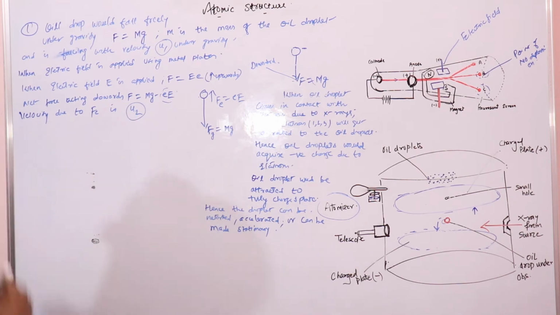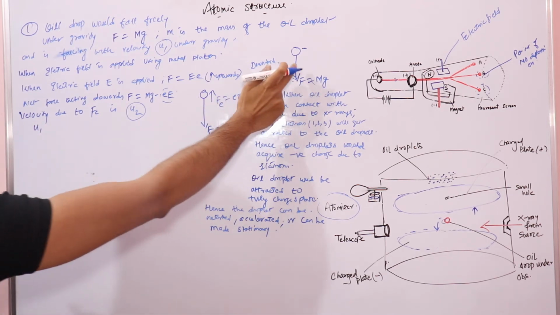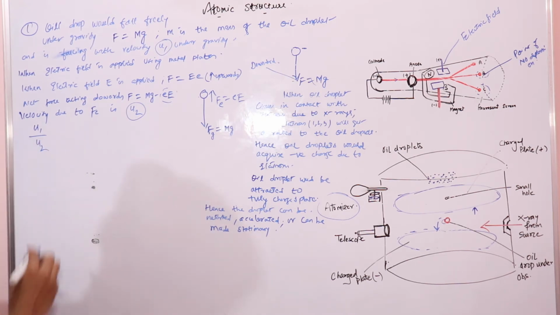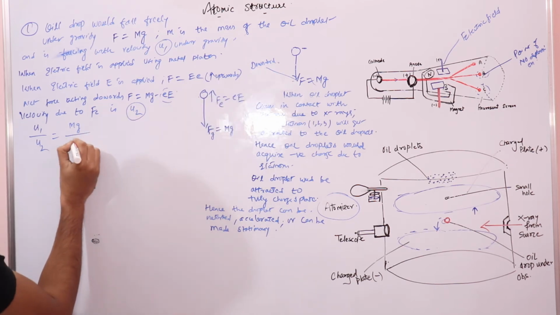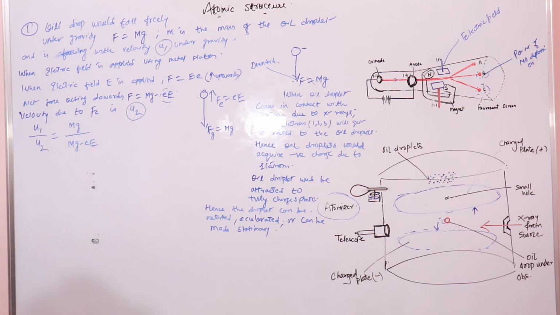So we can write it like this: u1 upon u2, where u1 is the velocity without the electric field and u2 is the velocity due to the electric field, is equal to mg upon mg minus Ee, right?